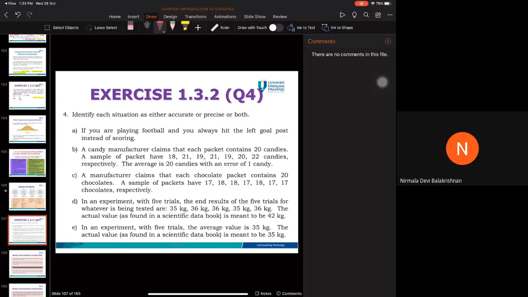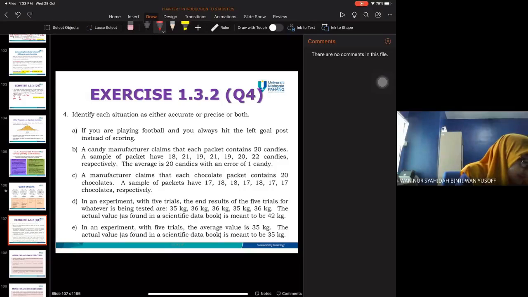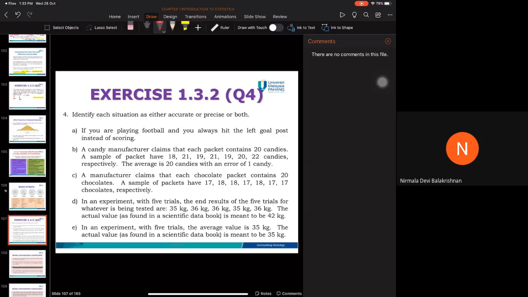We have one arrow, so accurate. C? Precise. D? Precise, and not accurate. And E? Accurate. Is it precise?